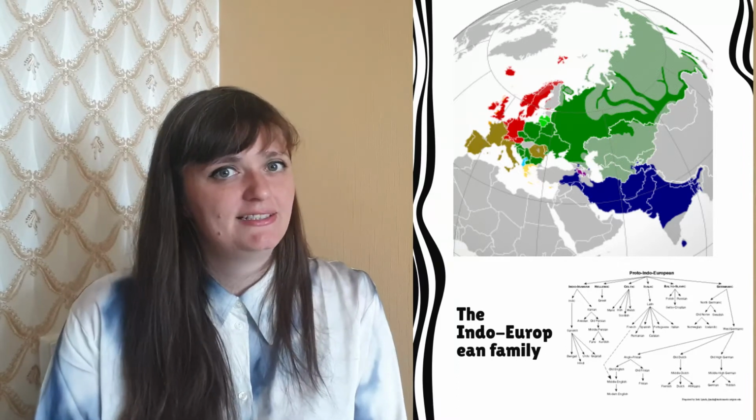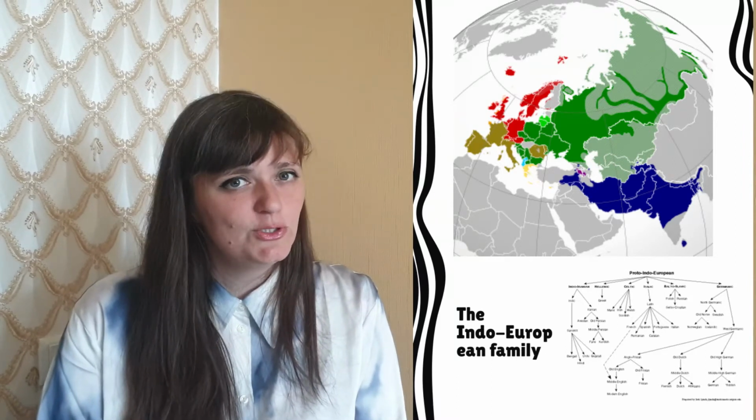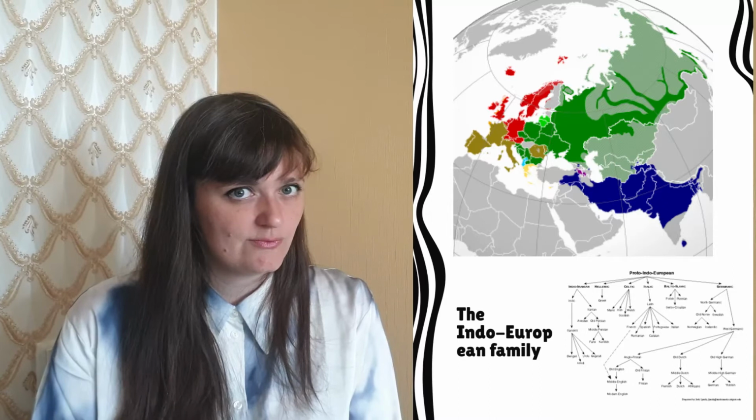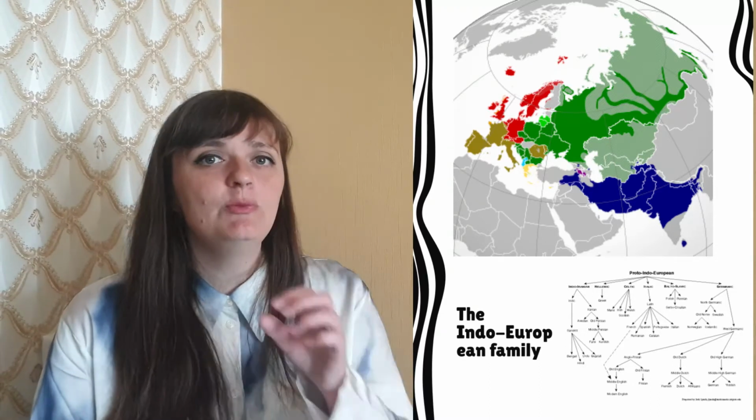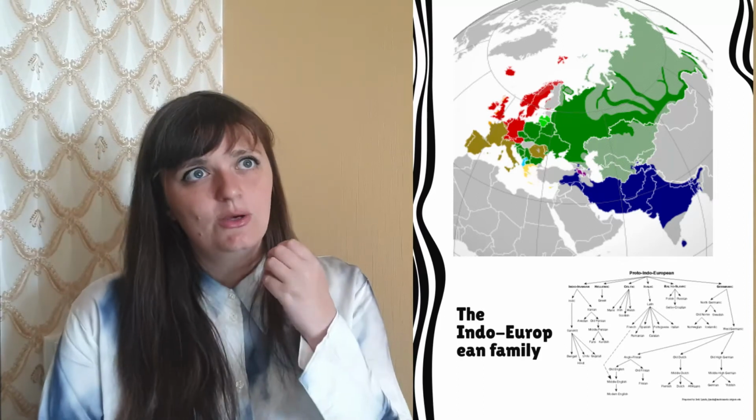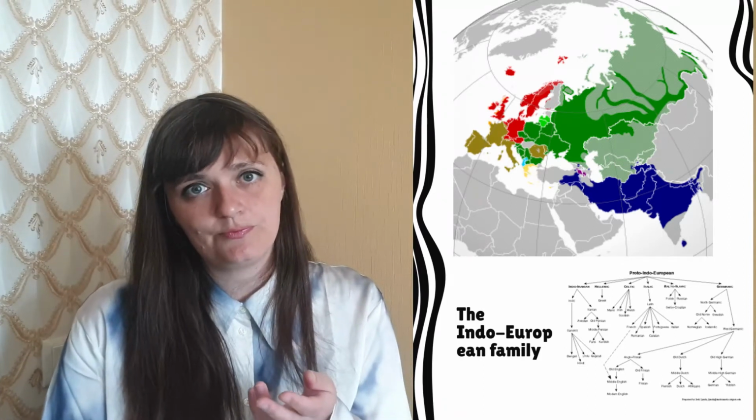The question is then, where does the Indo-European family come from? We said that in general languages must have come from Africa, but what about the Indo-European language? Where was it first spoken? Well, making estimates is quite difficult because unfortunately the language Proto-Indo-European, the language spoken by the first Indo-Europeans maybe 6,000 years ago, was never written down.